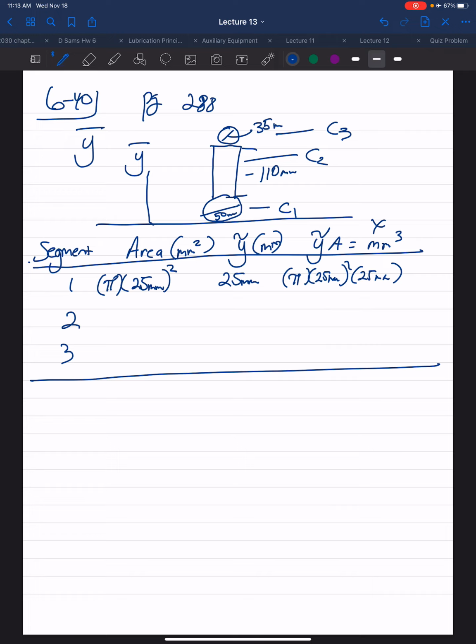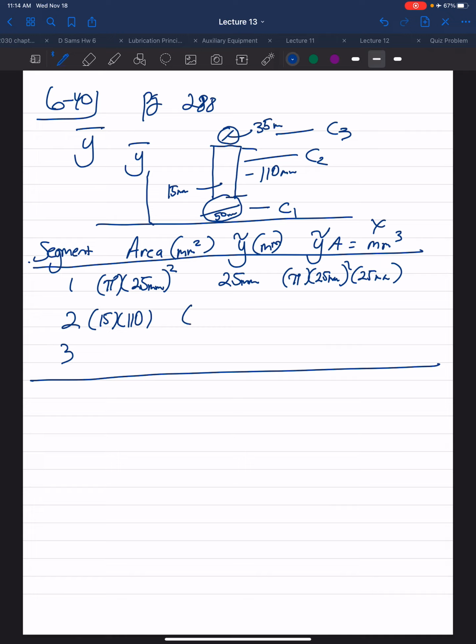Segment 2, the area is the thickness here, we have to put 15 millimeters. The area is base times height, so it'll be 15 millimeters times 110 millimeters. We'll do the math later. For the y coordinate of the center of that rectangular shape, we have to count the 50 millimeter diameter of segment 1 plus the center, which would be half of 110, which is 55 millimeters.